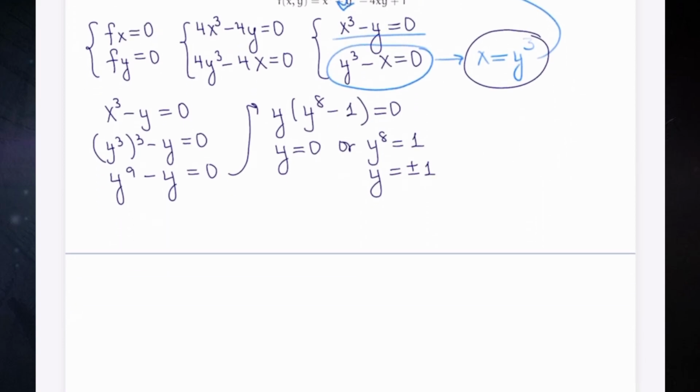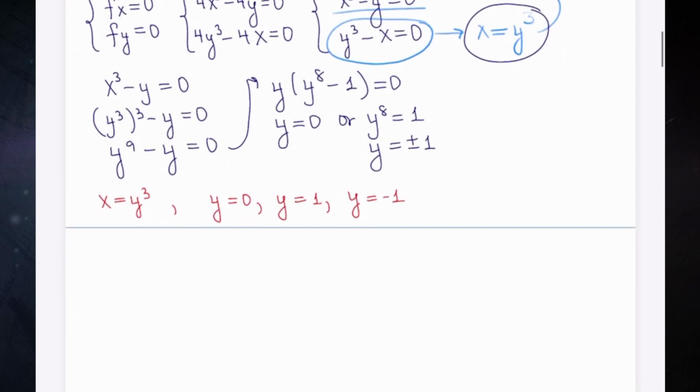Let me go ahead and emphasize the following: x is equal to y cubed, and our y is either 0 or 1 or negative 1. So from here, we're going to get the following points. These are our points. A, okay, A is going to be, if y is 0, then so is x.